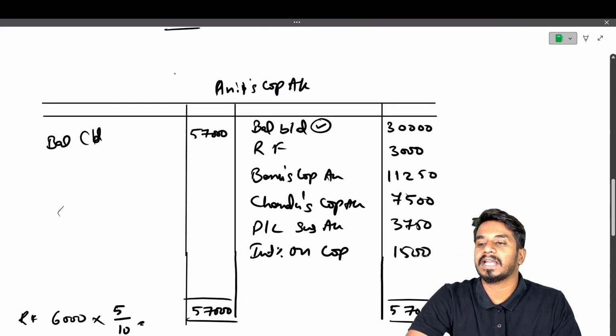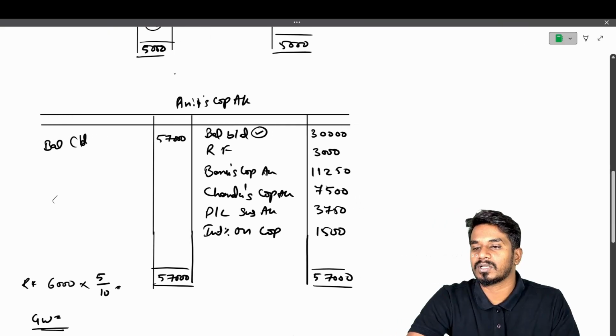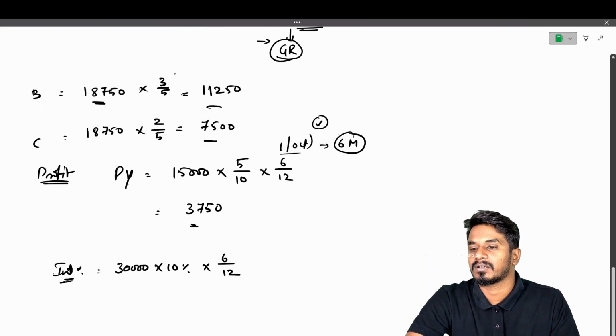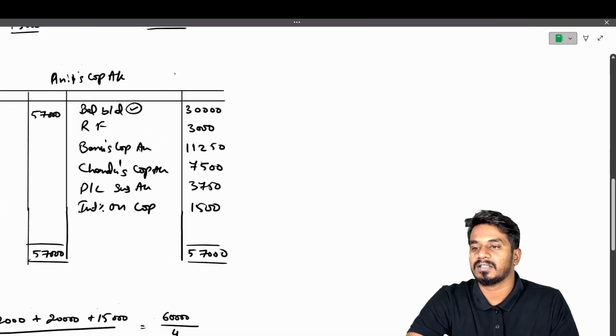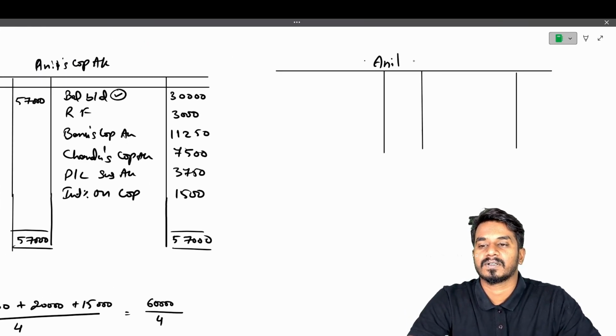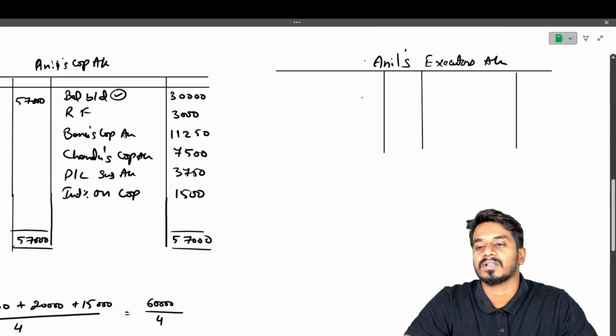Now we have to create Anil's executor's account. Anil's executor's account we can create down only. This much calculation is there, so let me create it here. Anil's executor's account.